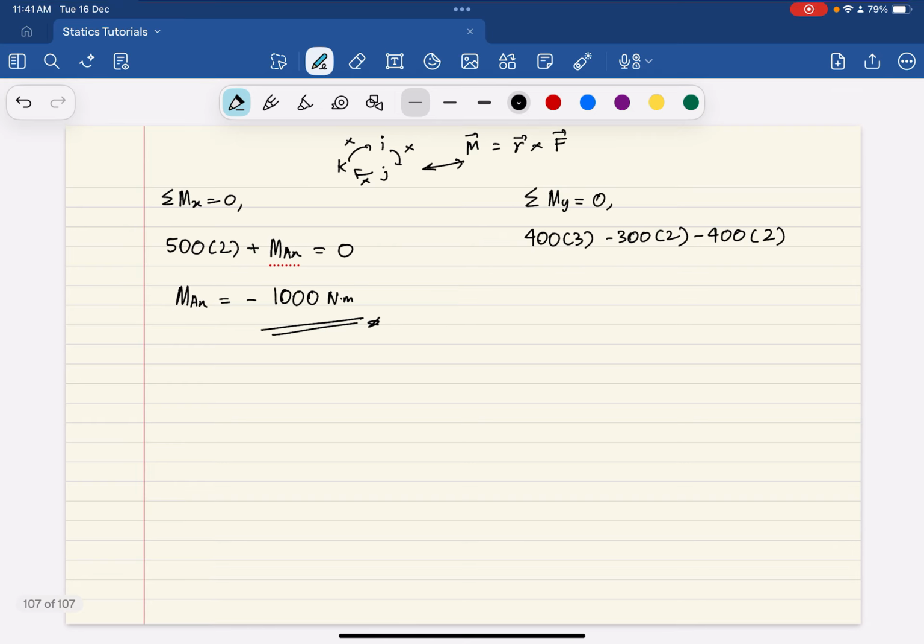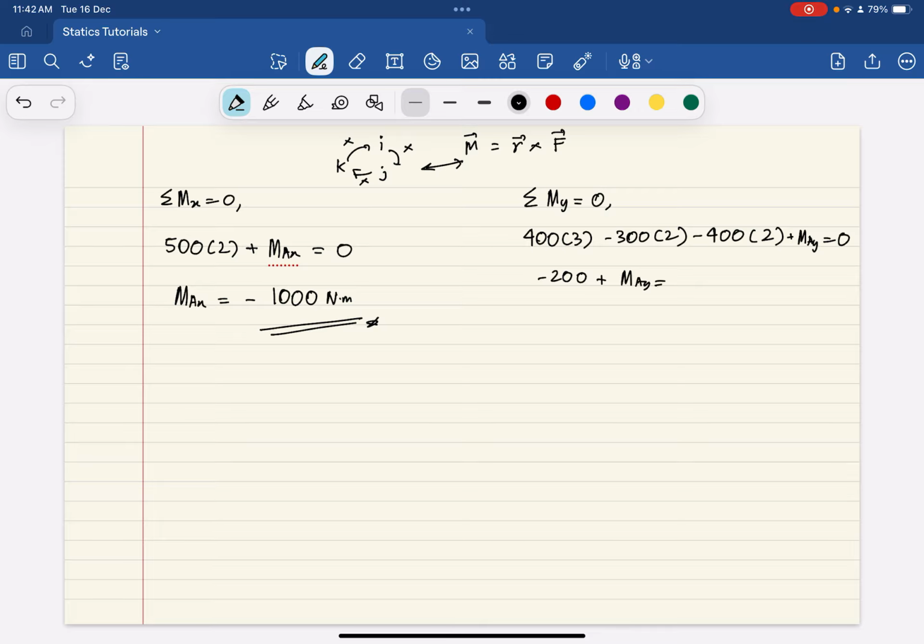And don't forget to add MAY equals to 0. So it's 400 times 3 minus 300 times 2 minus 400 times 2. So minus 200 plus MAY equals 0. Therefore MAY should be 200 Newton meters. So that is your MAY.